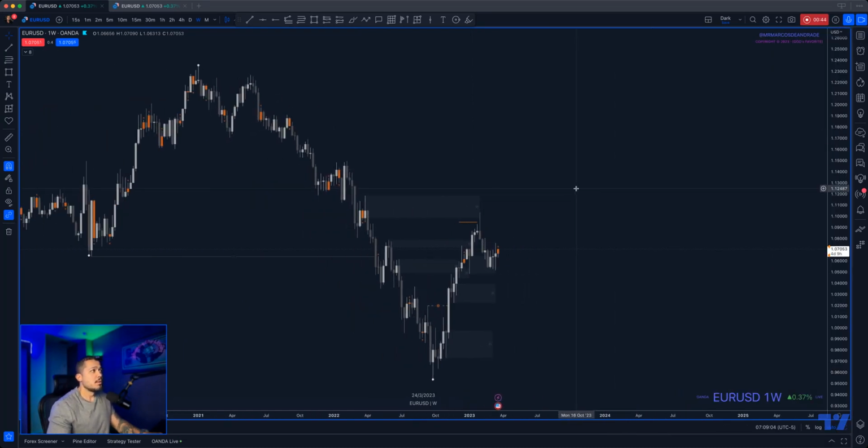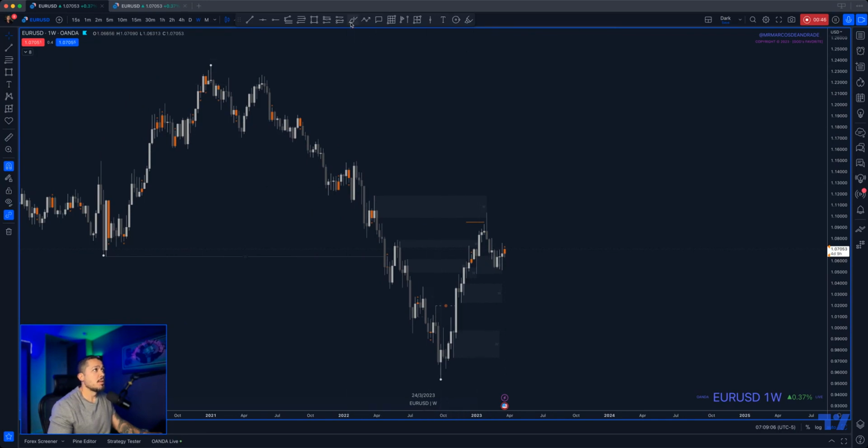Here, we've been talking about this for a long time, but we have this push to the downside and the pullback. This weekly supply aligns with the EQ, the equilibrium part, the 50% of this entire move, after the pullback.